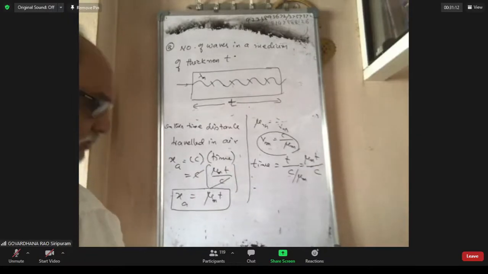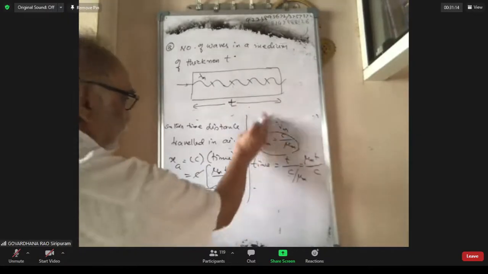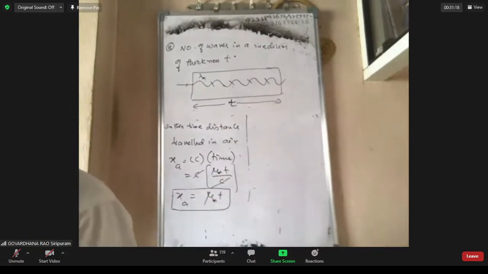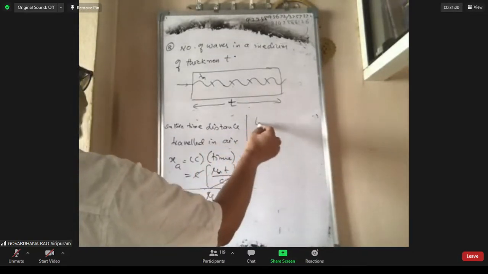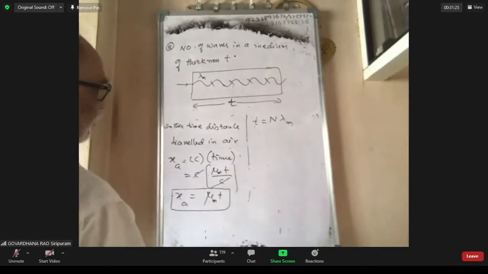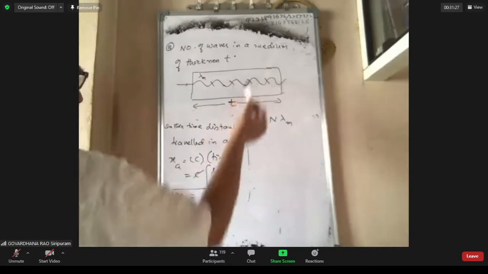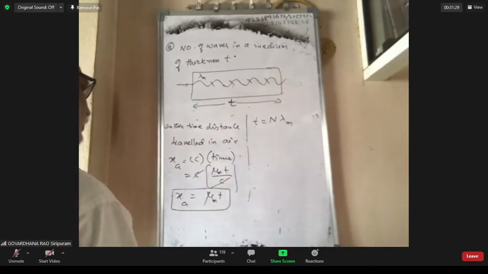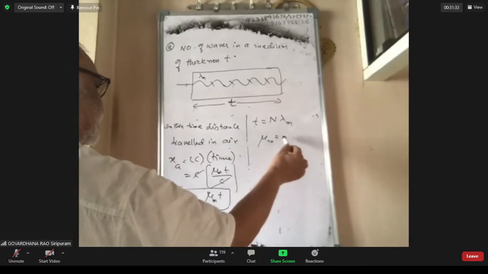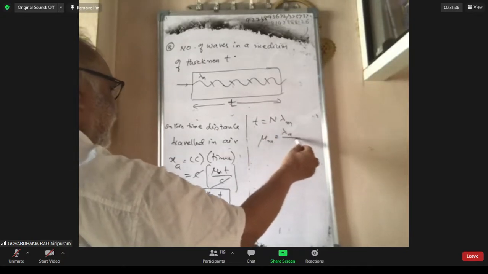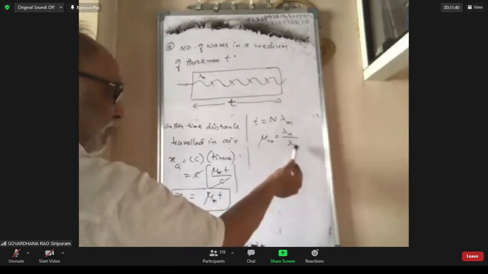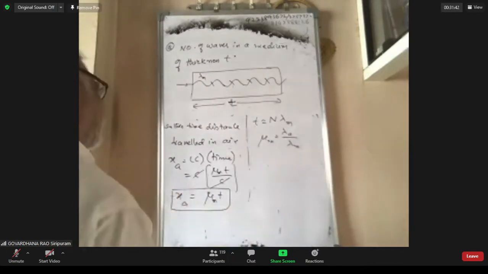So what will be the number of waves? Thickness T equals n into lambda m, where n is the number of waves. You know, mu m equals wavelength in air by wavelength in medium, like velocity of light in air by velocity of light in medium.